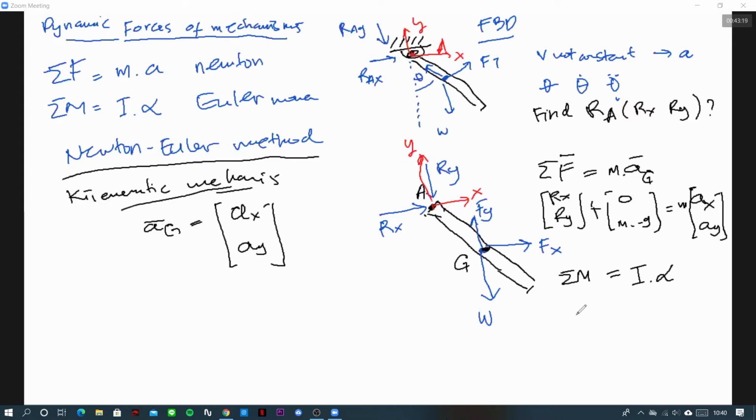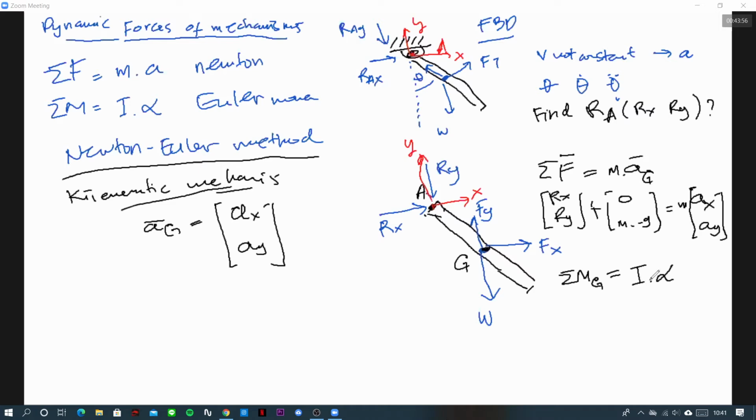So I will just simply type here sigma moment at point G. So what is alpha here? Alpha here is the rotation of this rigid body. I believe you still remember, because here is exactly at point G, so we don't have Fx and Fy to be included in the equations.